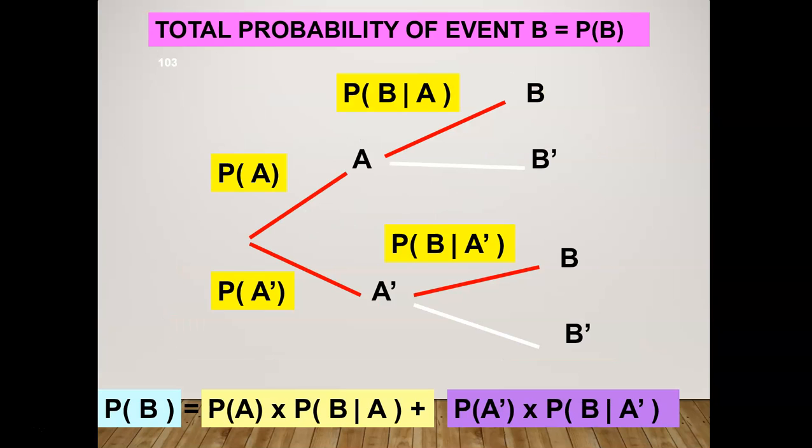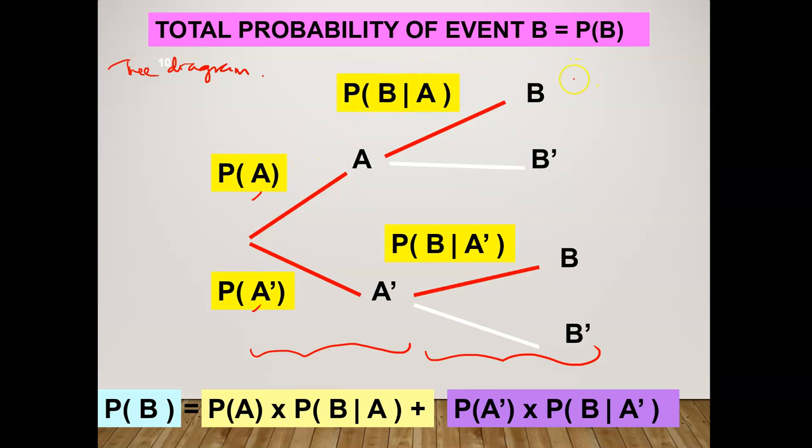So we look at our tree diagram. Remember, this is the form of our tree diagram. The total probability of event B: this is the first event, and this is the second event. So A and not A, probability of A, probability of not A, and then probability of B given the first event is A, P(B given A).